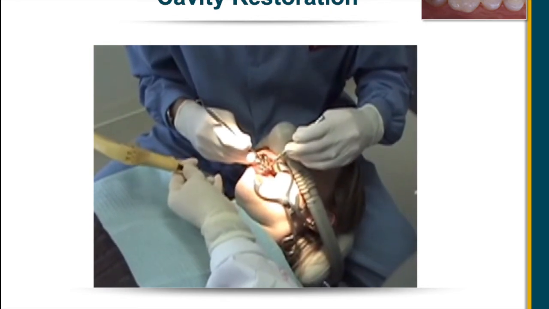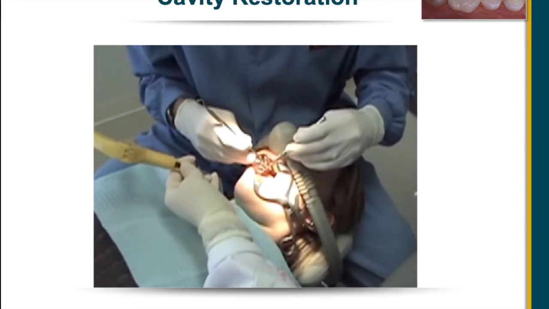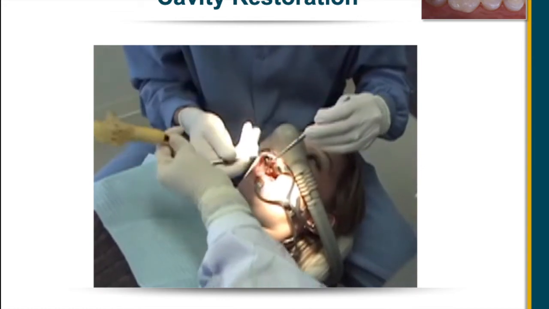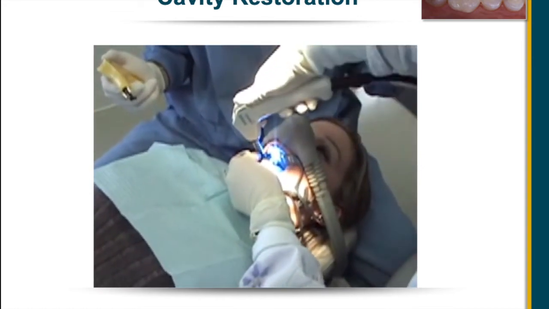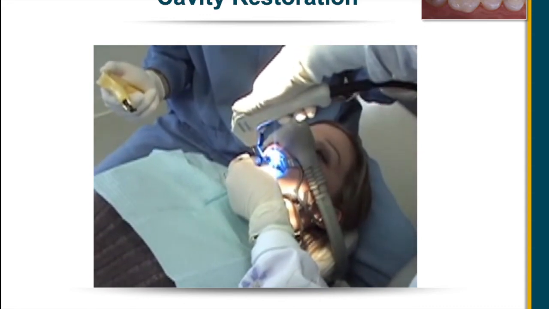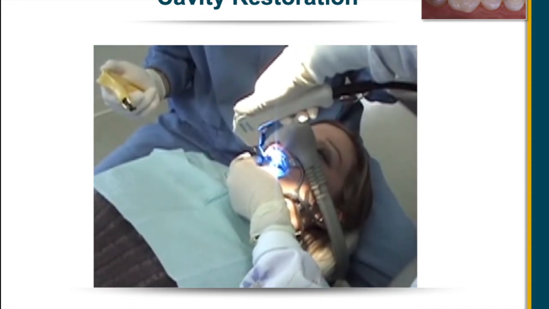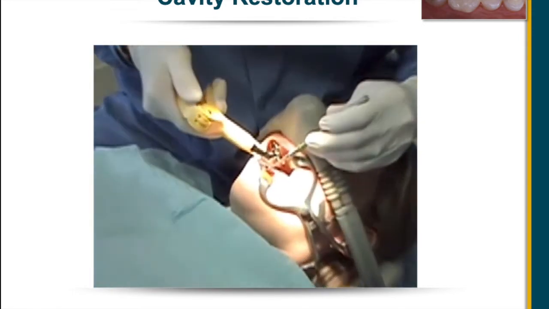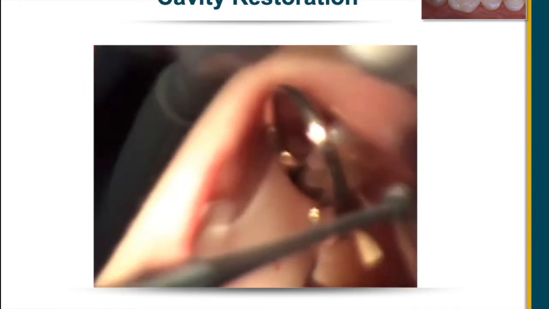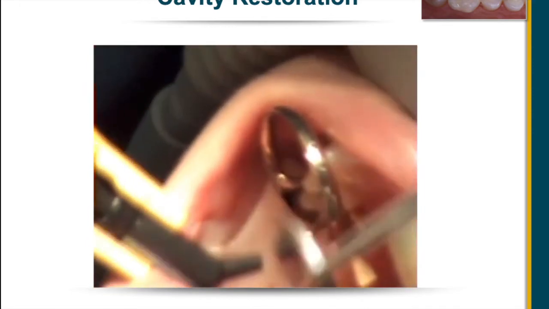So watch for the light cure to come first and then more composite material. This is a fast light cure using a plasma arc curing light. There are different types of curing lights. Some require up to 40 seconds to cure. This requires between 3 and 5 seconds, depending on the material and the procedure.